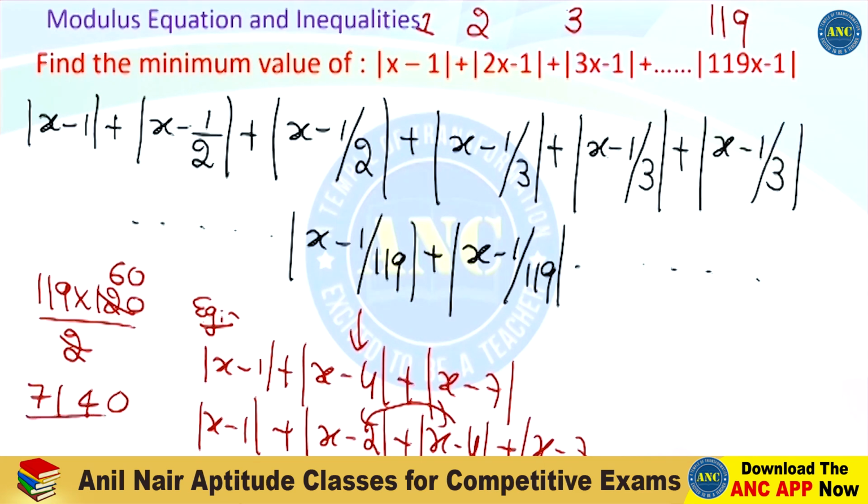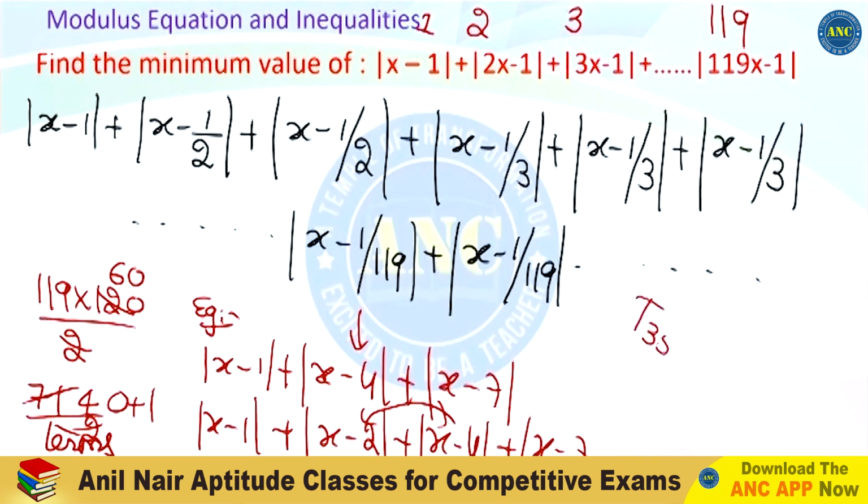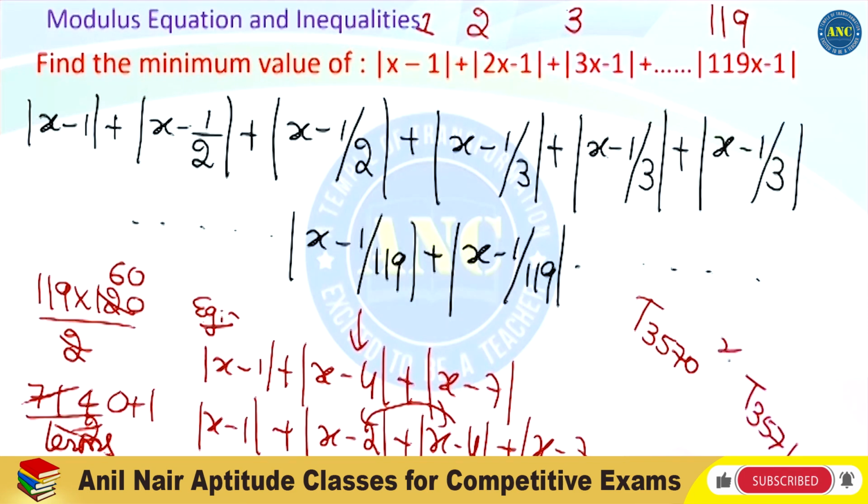Similarly, a total of 7140 terms are written, and 7140 is even. The middle is the first term plus the last term divided by 2, which gives 3570.5. So these are T3570 and T3571. The x lies between these two values.